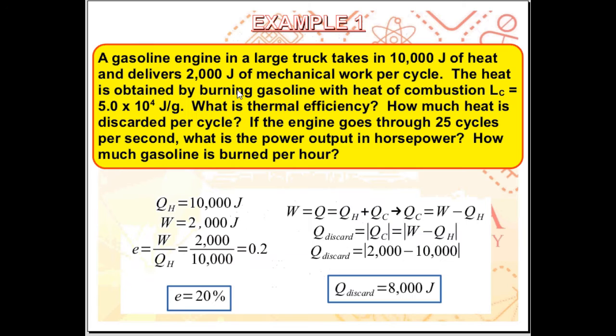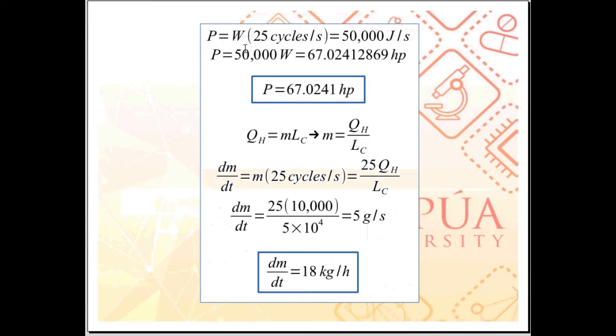The problem is asking for the power output in horsepower. Power is given by the amount of work done times the number of cycles per second. The problem tells us it's 25 cycles per second.